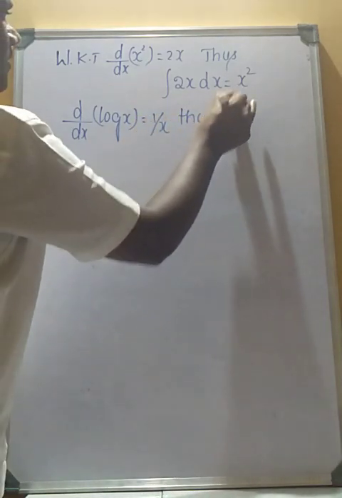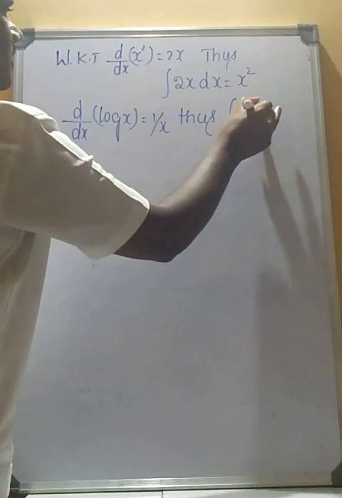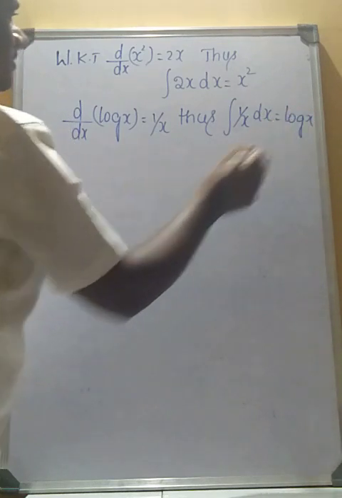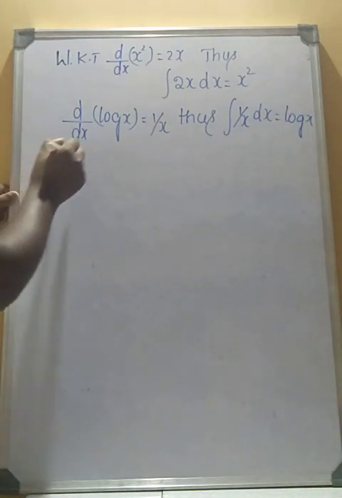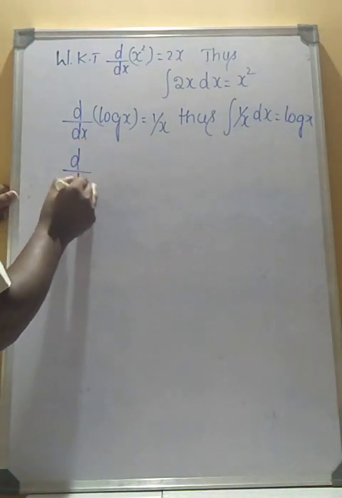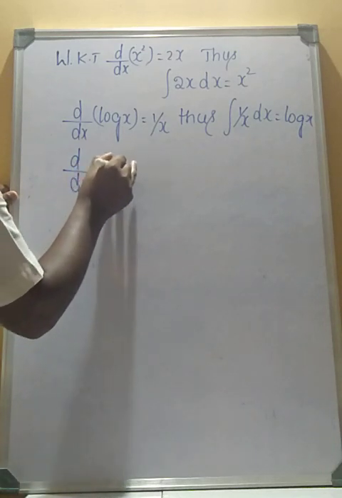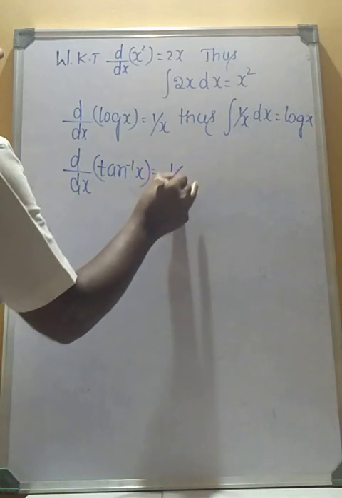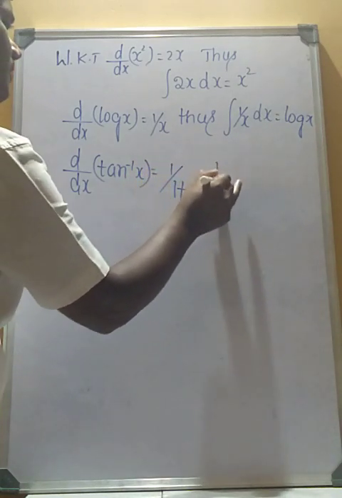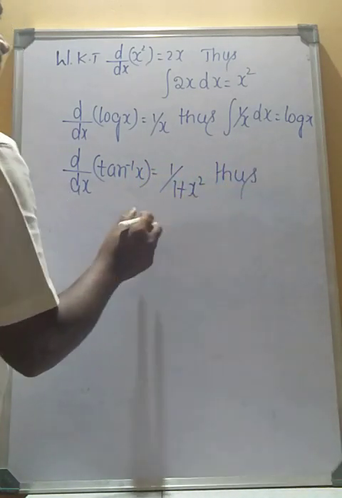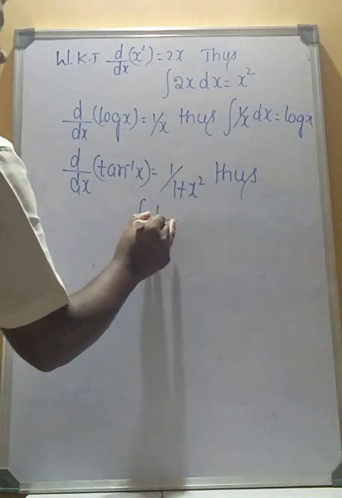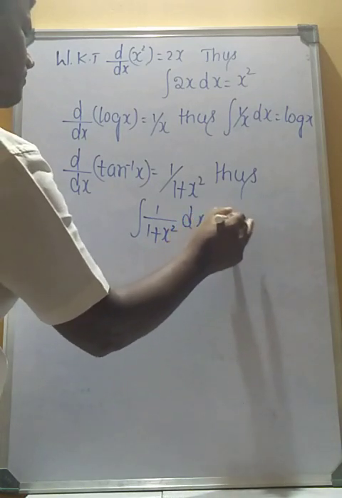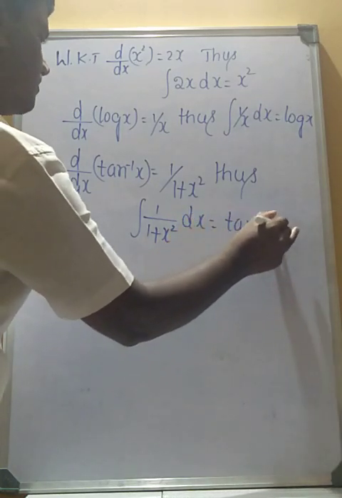Thus, integral of 1 by x into dx is equal to log x. Similarly, d by dx of tan inverse x is equal to 1 by 1 plus x square. Thus, integral of 1 by 1 plus x square into dx is equal to tan inverse x.